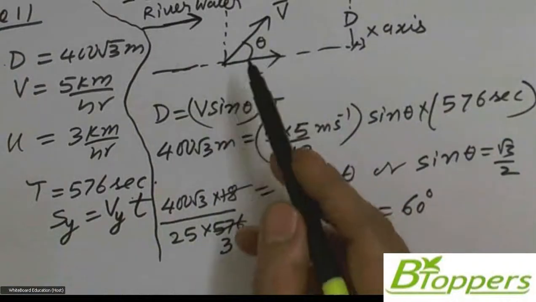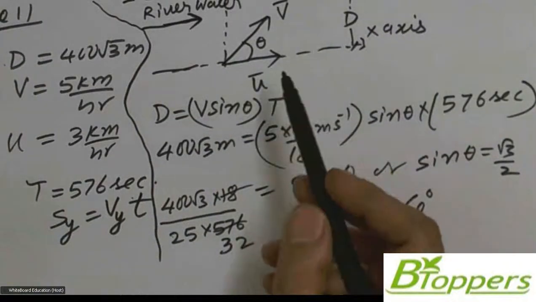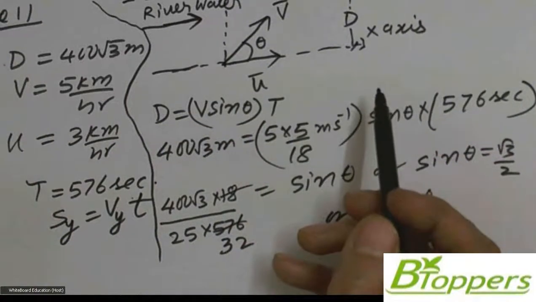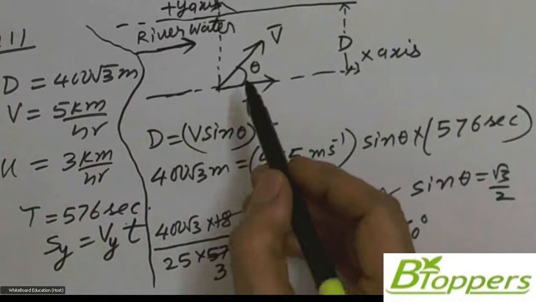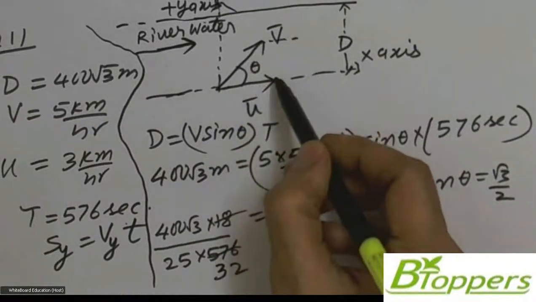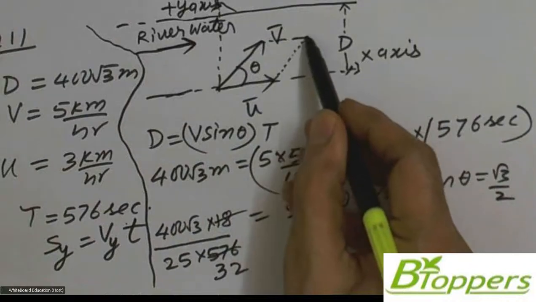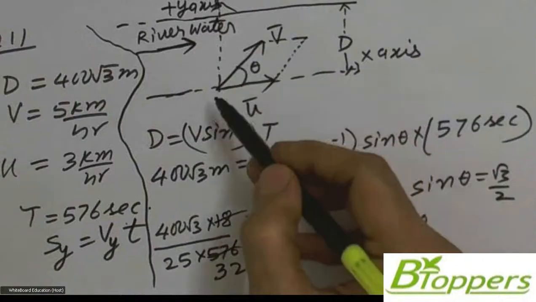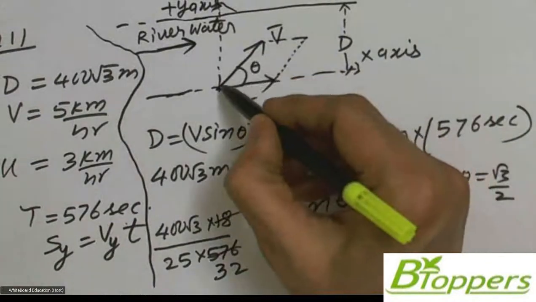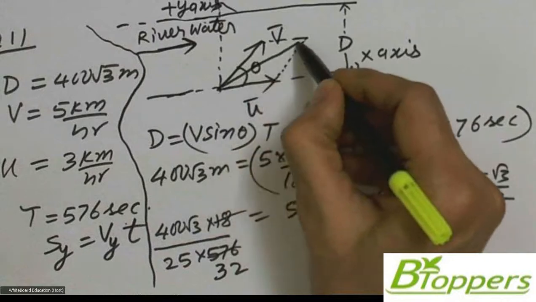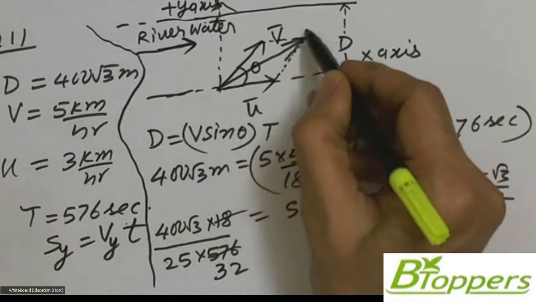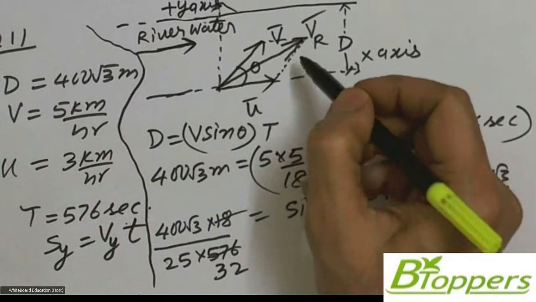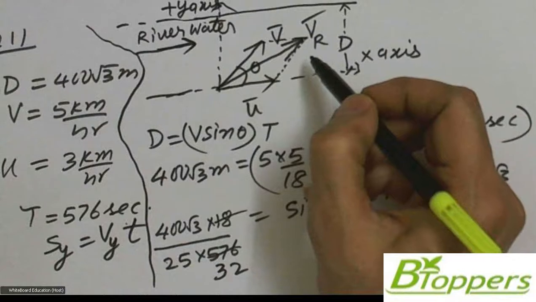Of course, in the figure I have not shown the path along which the boat actually travels while crossing the river. If you complete the parallelogram by representing the two vectors V bar and U bar graphically by the adjacent sides, such that tail of U bar is attached to tail of V bar, then the diagonal of the parallelogram represents the resultant of V bar and U bar, which I have denoted by VR bar.